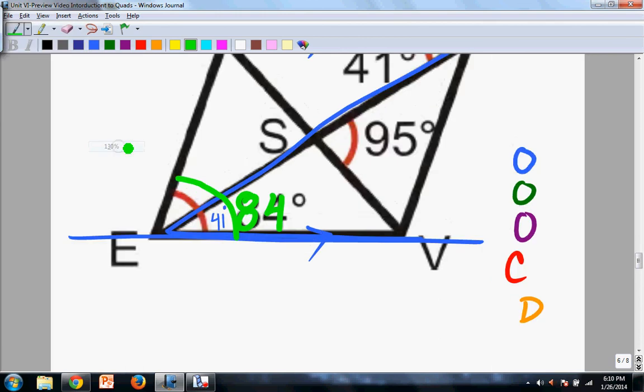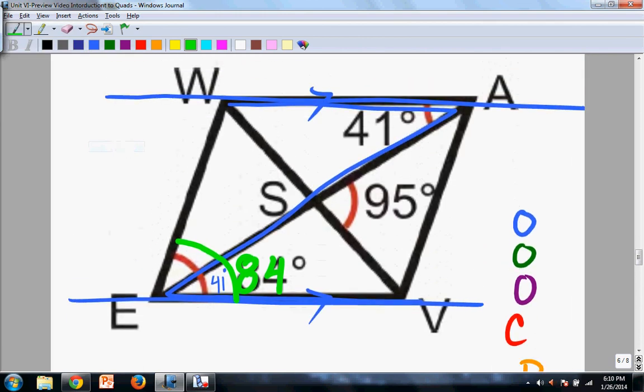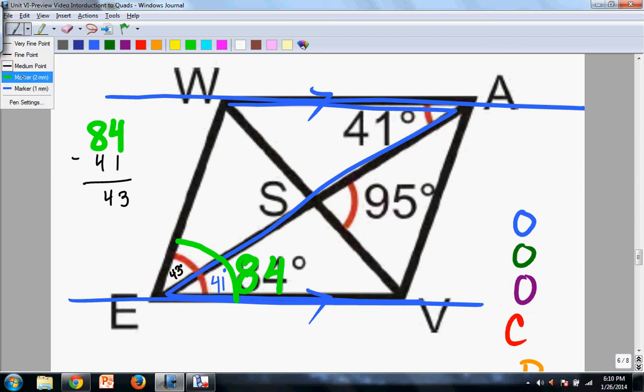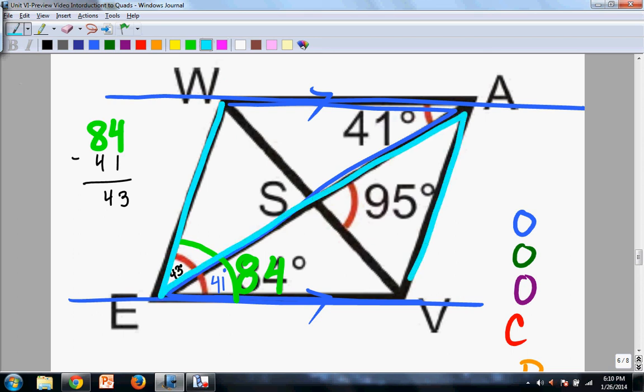So from that information, let's get a little closer here, we can go 84 minus the 41, and we can get this angle right here, which is 43 degrees. And since opposite sides are parallel, we can also have armpits of the Z going this way. So if that's 43, this is 43.